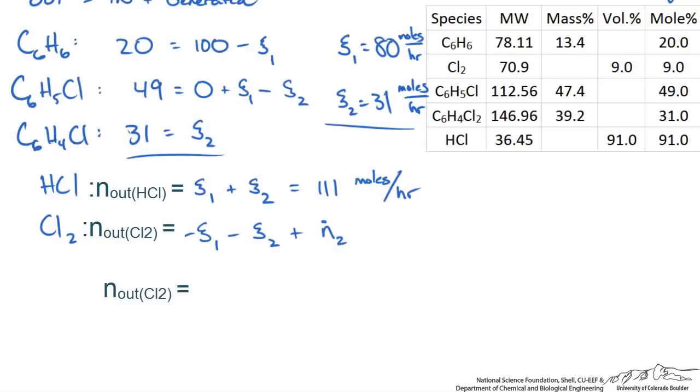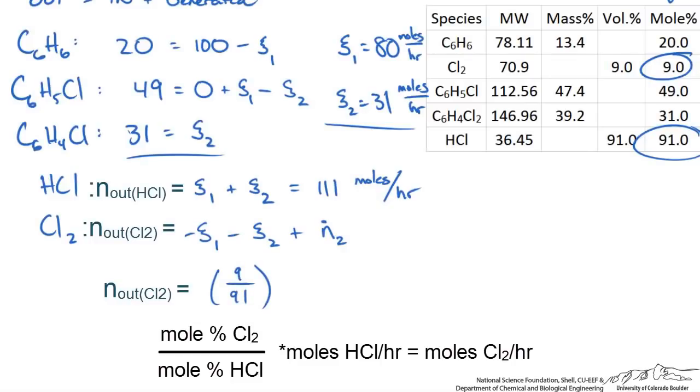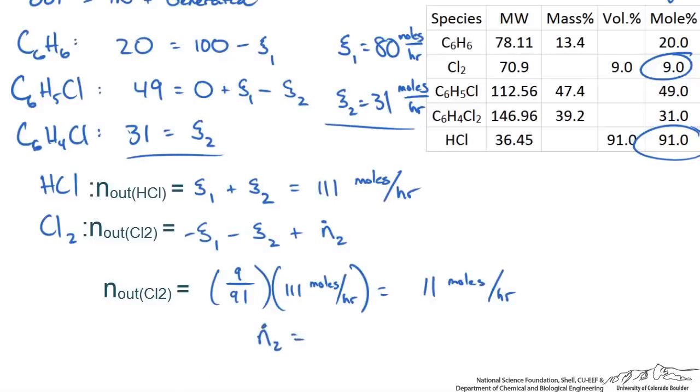To determine N out of our chlorine, we know the mole percent between HCl and the chlorine gas. So we could write N out is equal to this ratio, 9/91, times the amount of moles we have of hydrochloric acid. And this gives us about 11 moles per hour that come out for our chlorine gas. So that means N2, or what we put into the process, is going to be the 111 plus 11, and that gives us 122 moles per hour.